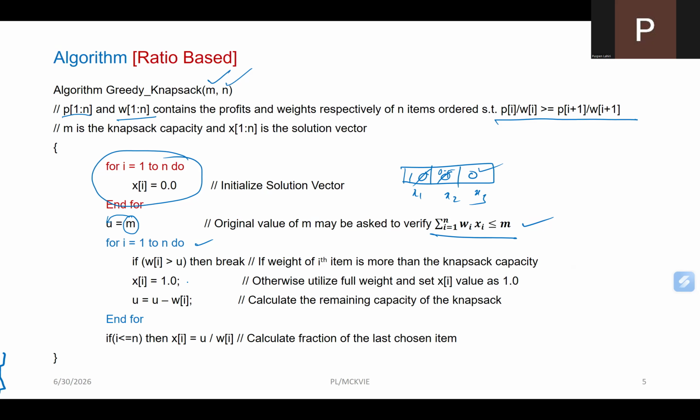If it is not, then you are supposed to utilize the full weight of that item, and in that case, the solution vector value of that particular item is 1. That means you are utilizing the full weight of that item. And once it is done, you have to calculate the remaining capacity, as I also showed in our numerical solving.